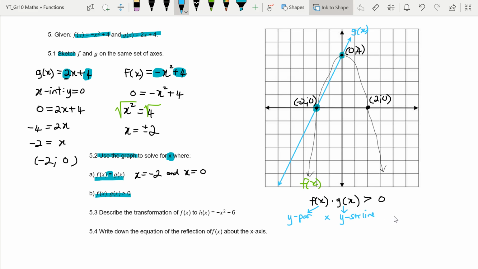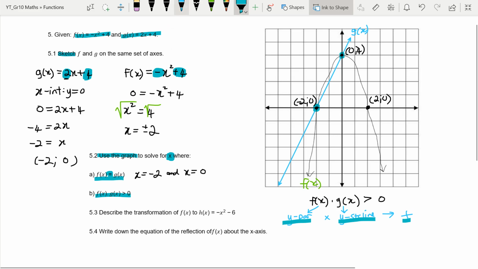So if I take the y value of the parabola times the y value of the straight line, it must give me a positive.